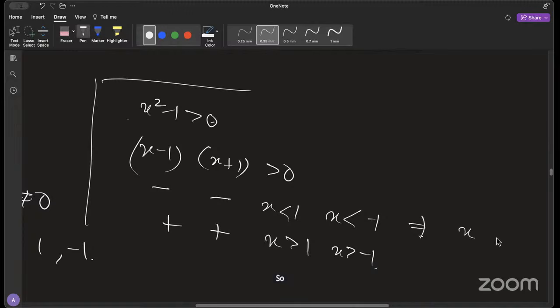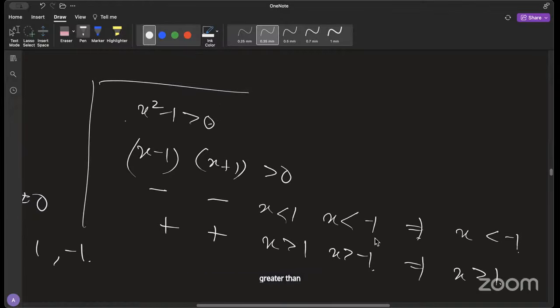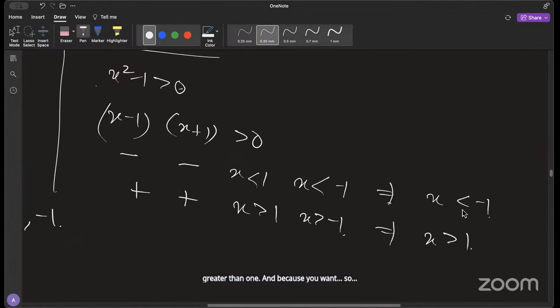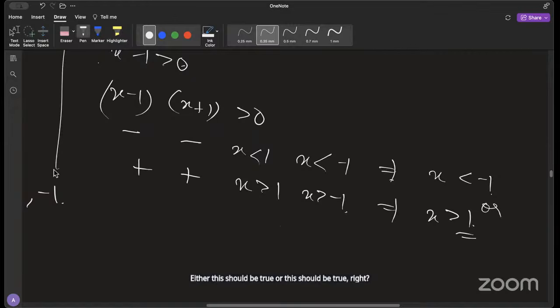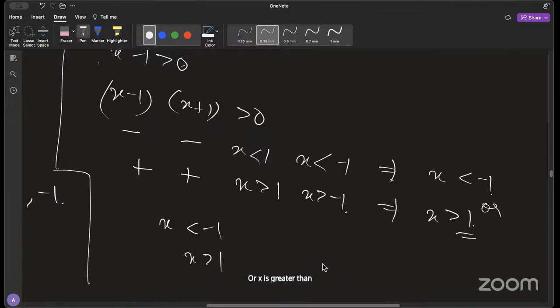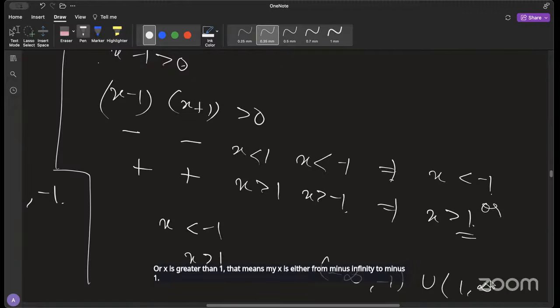So you can simply write this as x less than minus 1, and this you can write as x greater than 1. And because either this should be true or this should be true, if I say that my x is either less than minus 1 or x is greater than 1, that means my x is either from minus infinity to minus 1 or it is from 1 to infinity, right?